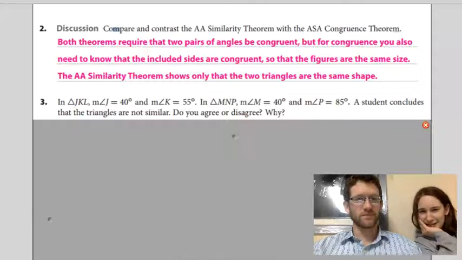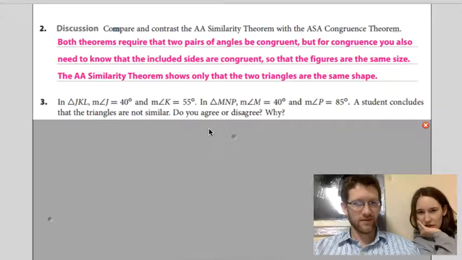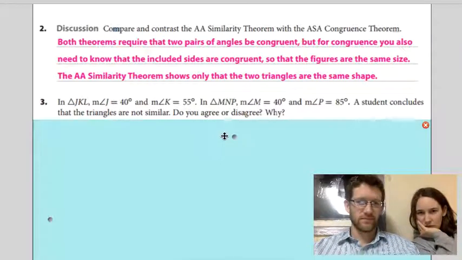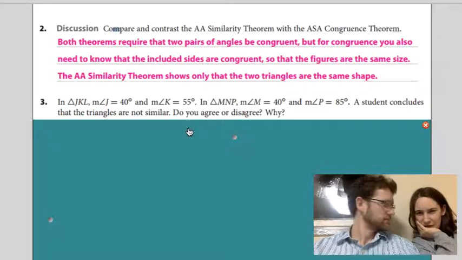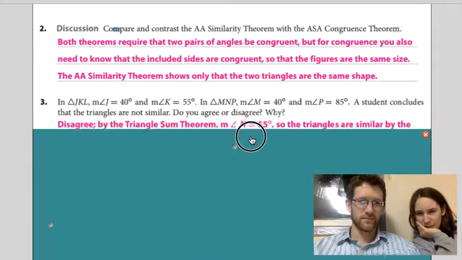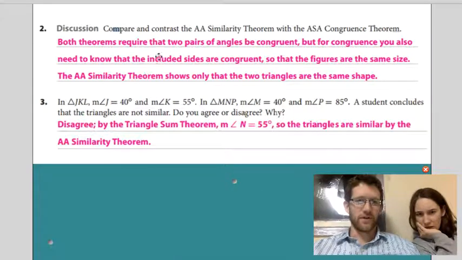I disagree. Because 40 and 55 and 85 all adds up to a triangle. Very good. Yep.